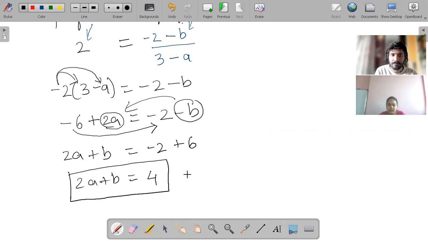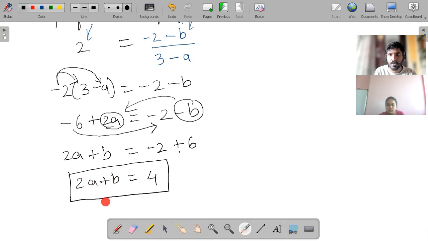And we take 2 on that side and divide it with 4. No, you cannot do that. If this plus 6 wouldn't be there, then we could have done the division. But in this step, 2A plus B equals 4, we cannot assert that A plus B equals 4 upon 2, because this is an equation.